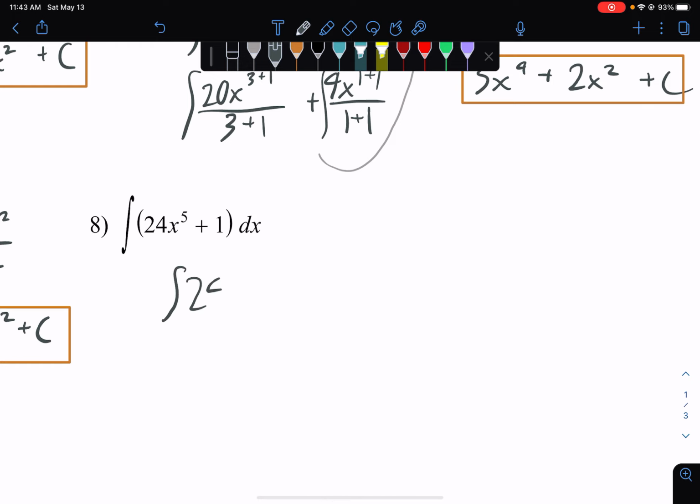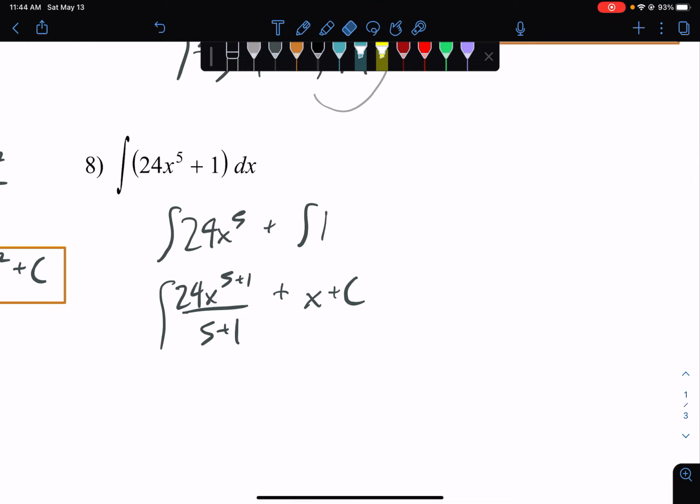We have 24x raised to 5, then plus 1. When you see this, it's really easy to solve. You just put x plus c. This is the constant rule to recall. And for the first term, we have 24x raised to 5 plus 1, over 5 plus 1.